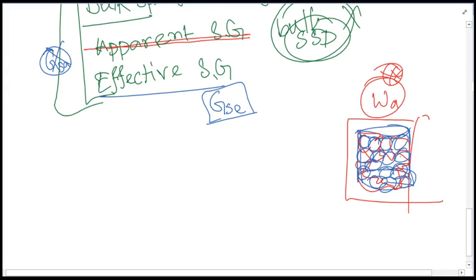Then we will submerge this into the water for at least 24 hours.